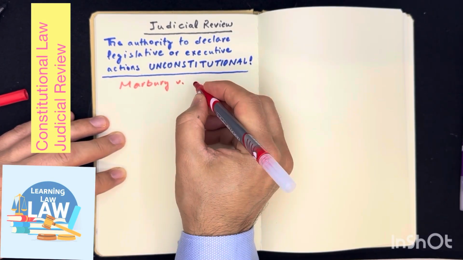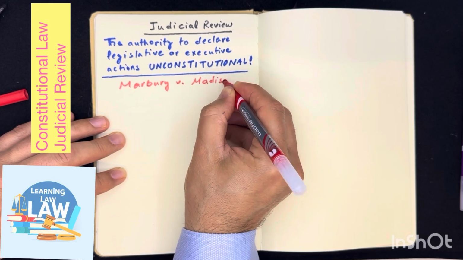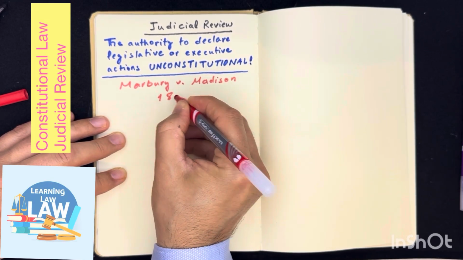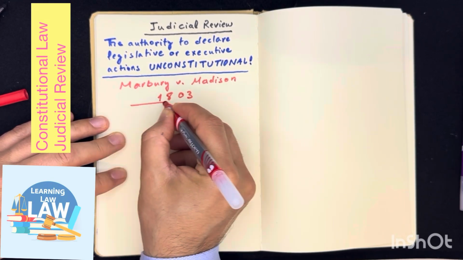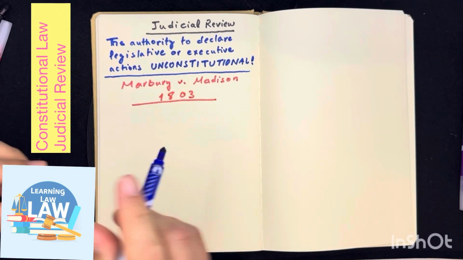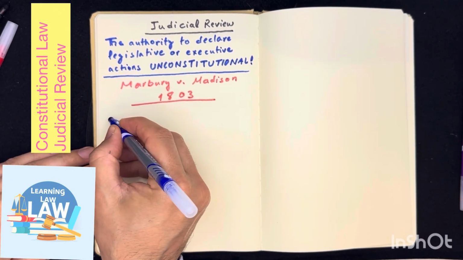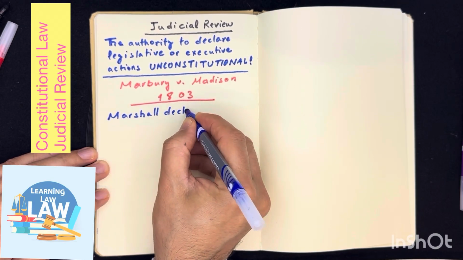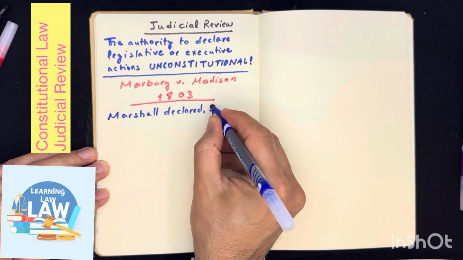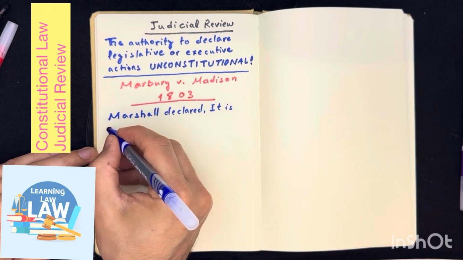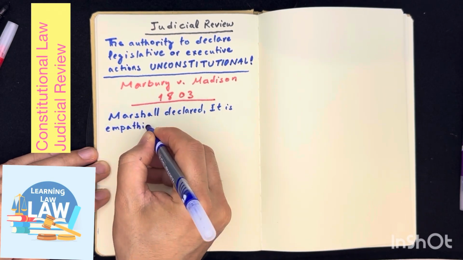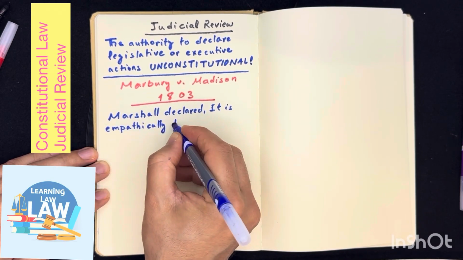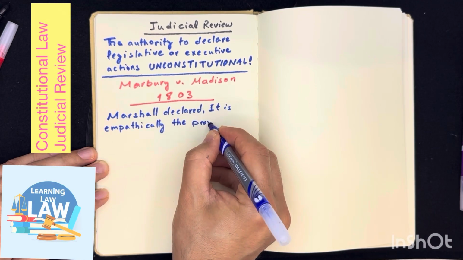Although Marbury himself lost the case, the ruling firmly established judicial review as a key function of the judiciary, empowering the Supreme Court to invalidate laws and executive actions that conflict with the Constitution. Marshall famously declared, "It is emphatically the province and duty of the judicial department to say what the law is."